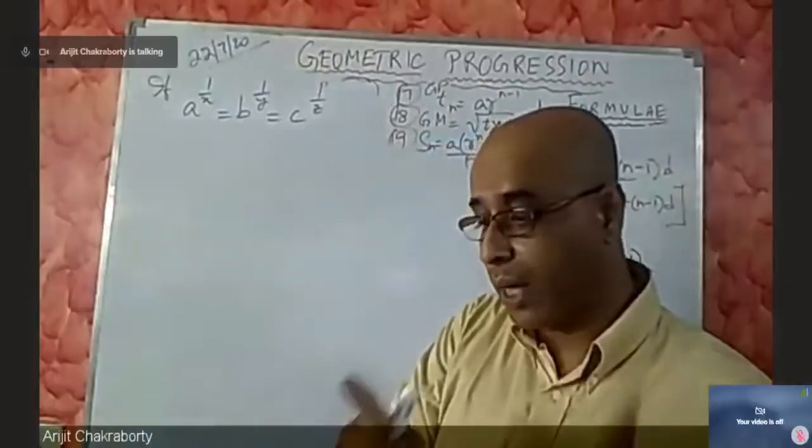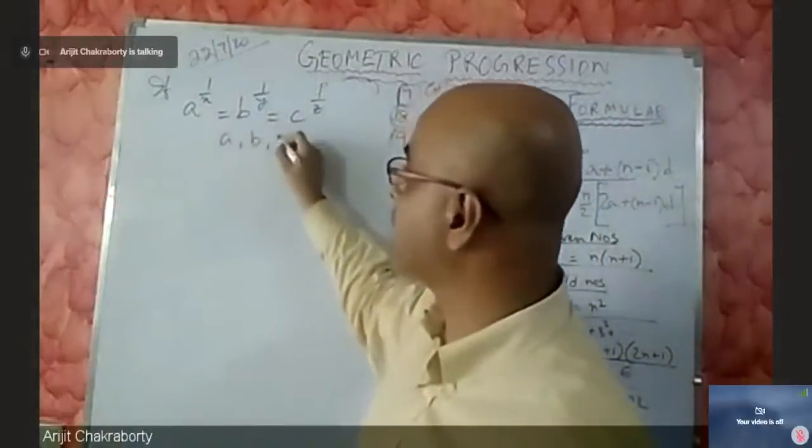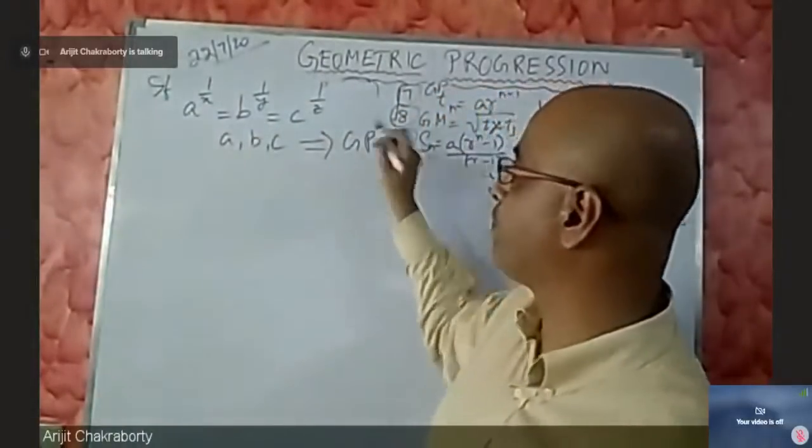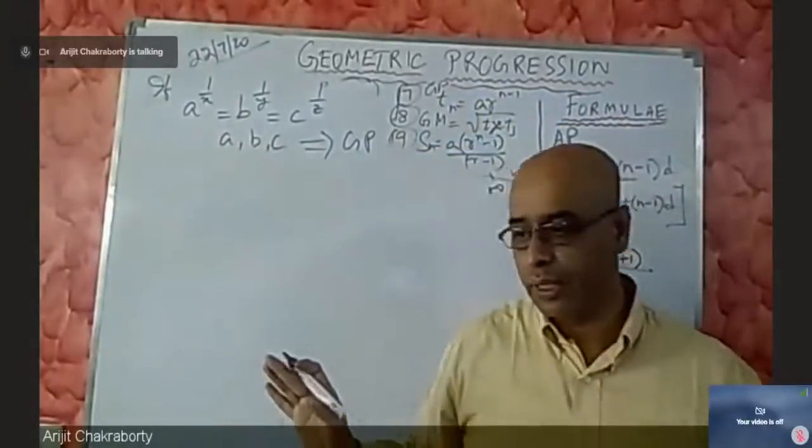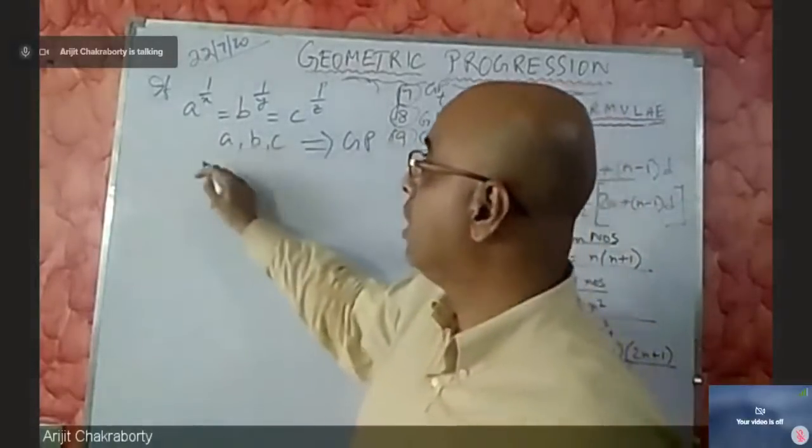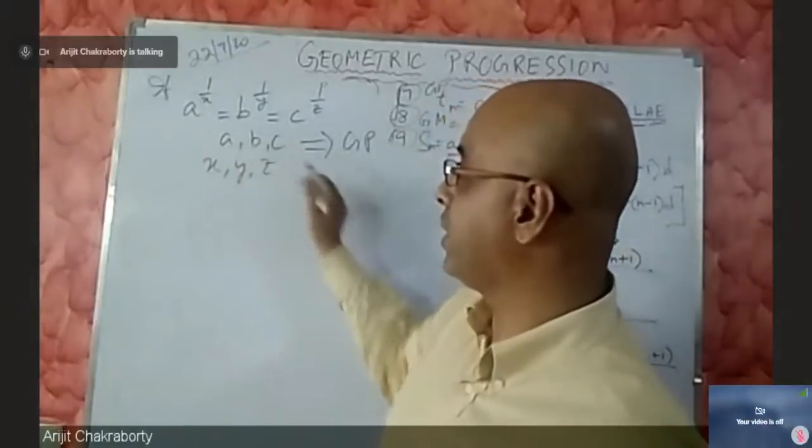And the other condition is a, b and c are in GP. Great. Then you have to find out what is the relation of x, y and z.